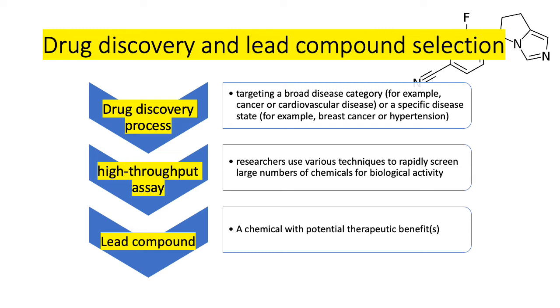The drug discovery is a process where you try to develop a drug. Previously, serendipity or coincidence played a major role in the discovery of new drugs. But nowadays, the discovery of drugs is a complex process.